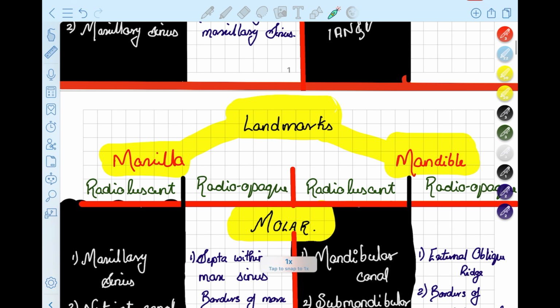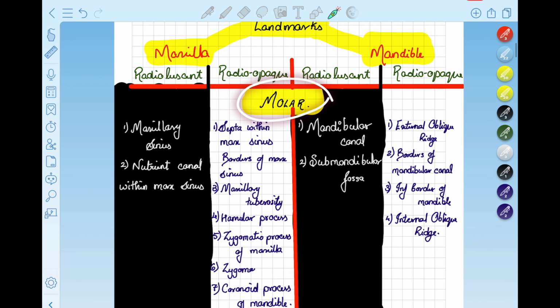And the next structures we can see in the molar region, the radiolucent structure is the mandibular canal, which is the continuation from the premolar to molar region, and the submandibular fossa. Fossa means depression, so it will appear as radiolucent. The radiopaque structures are the external oblique ridge, as the name suggests it is a part of bone, so it will appear radiopaque.